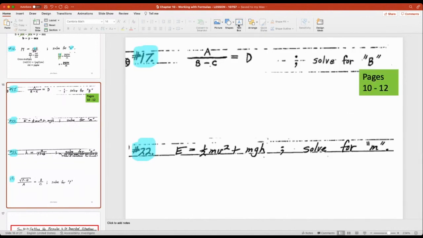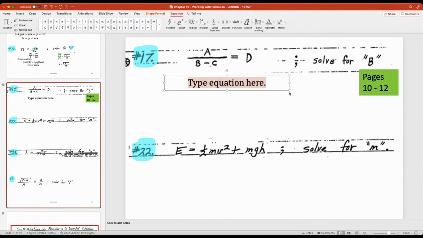So question 17 has us solving for B. So let's try that together. Notice that we have a fraction. So the first thing I want to do is what we did in the previous question, which is to cross multiply.